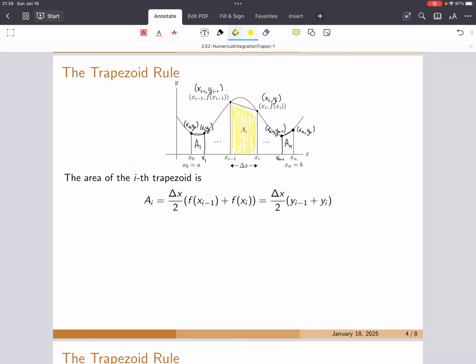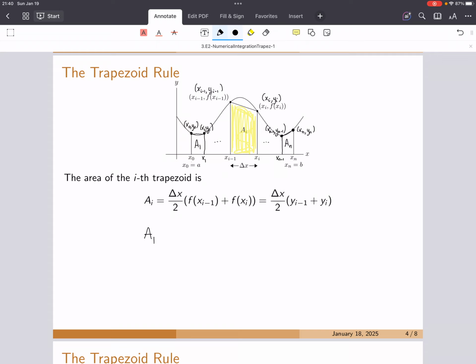Well, the height on the left is the y value at x sub i minus 1, so it's f at x sub i minus 1, plus the height on the right, that's f at x sub i. Or if we want to use the y terminology, it would be y sub i minus 1 plus y sub i.